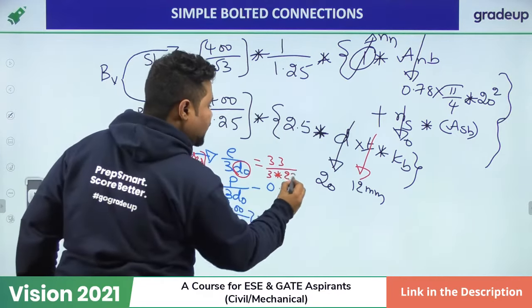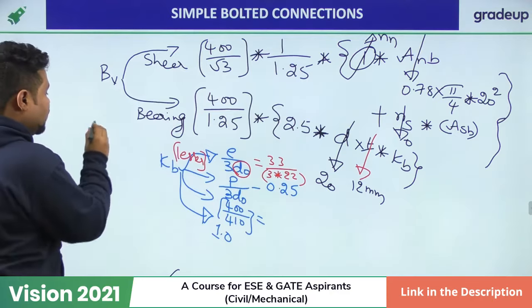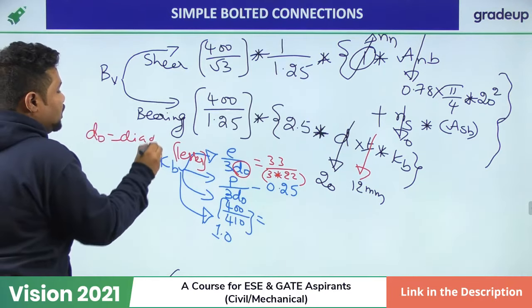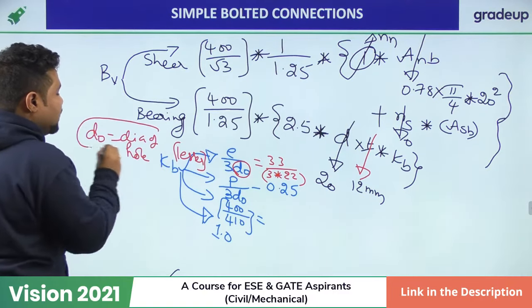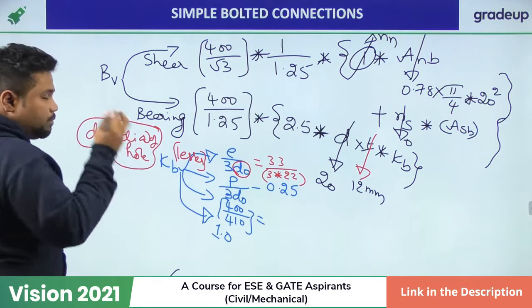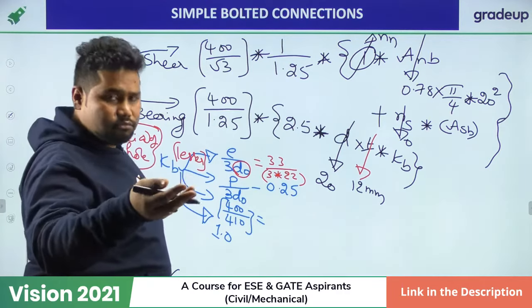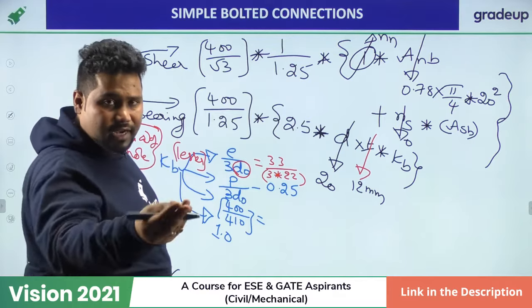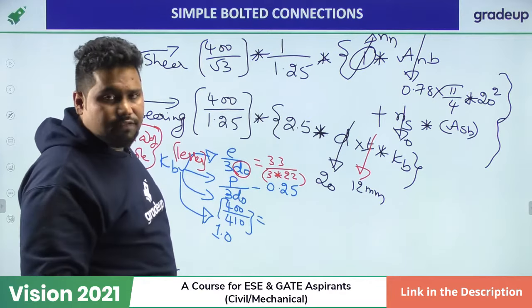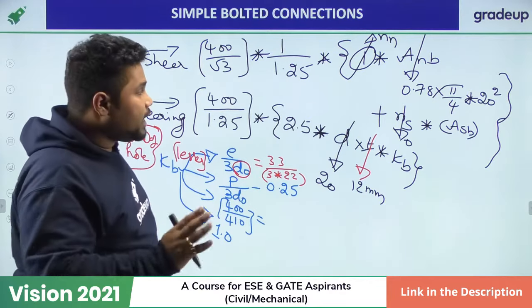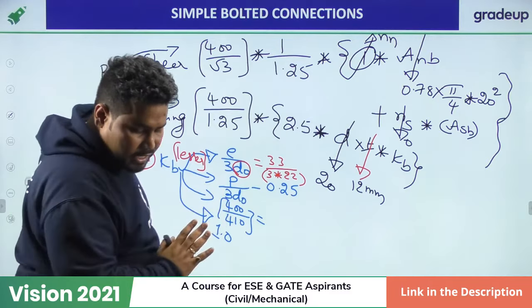So the diameter of the hole is 22. It is a standard question. Most of the times you can remember directly for 20 mm diameter bolts in single shear, the bolt value is the standard one.